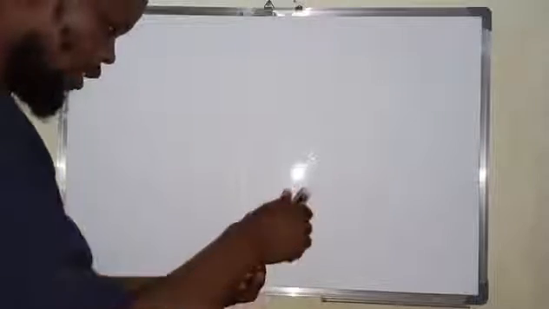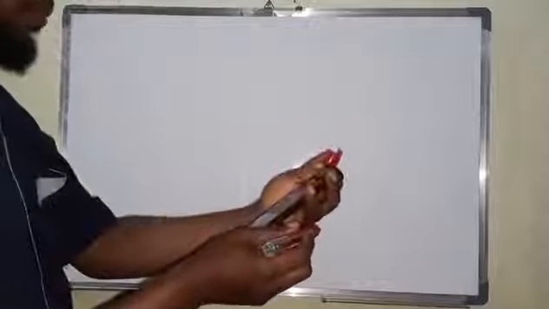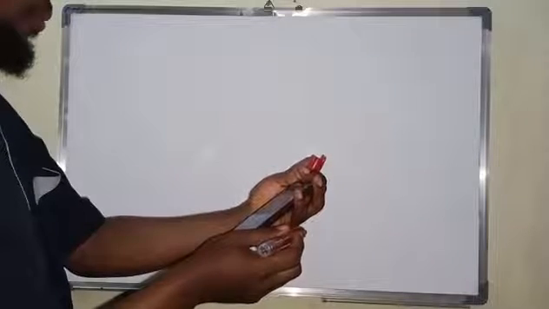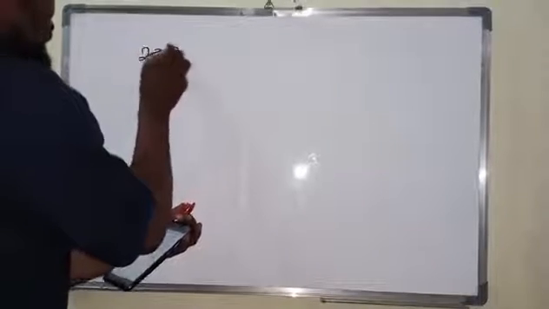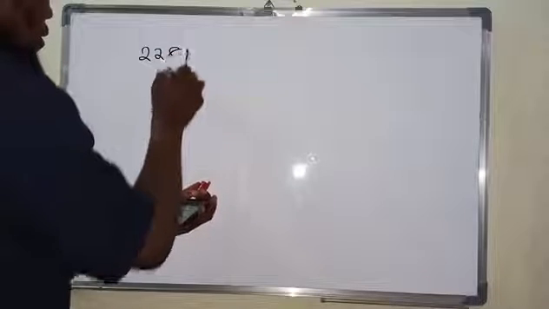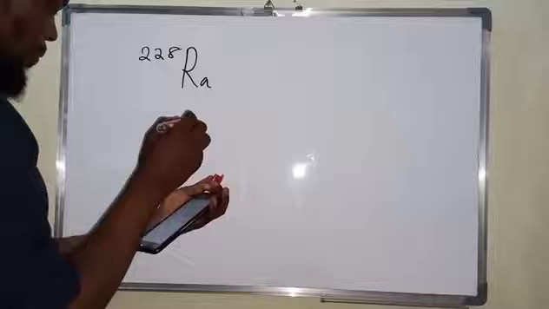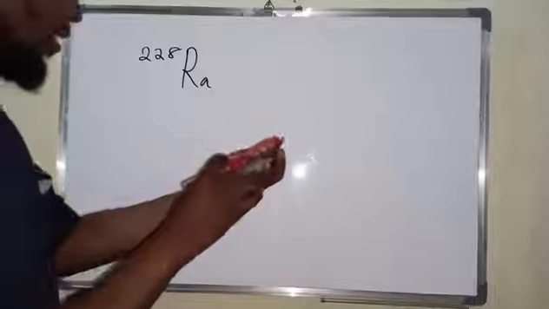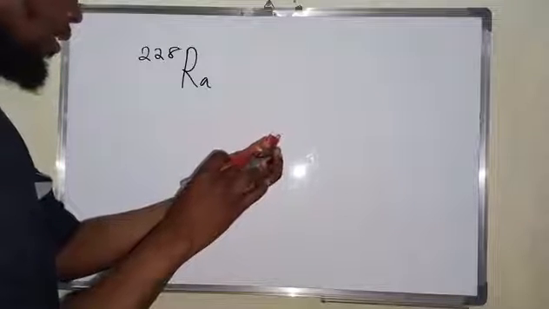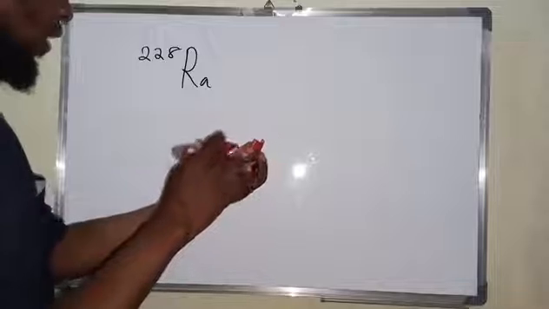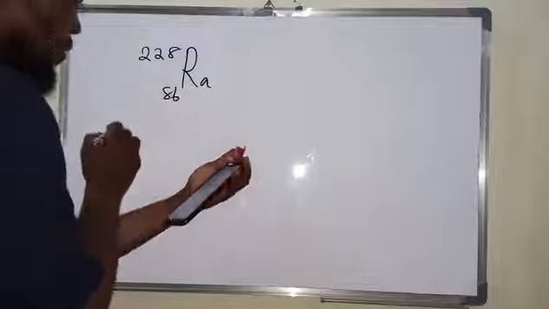Then the next question. I think if I say it well, it's 228 Ra, radium. I think down there, it's not very clear, but I think it's 86.